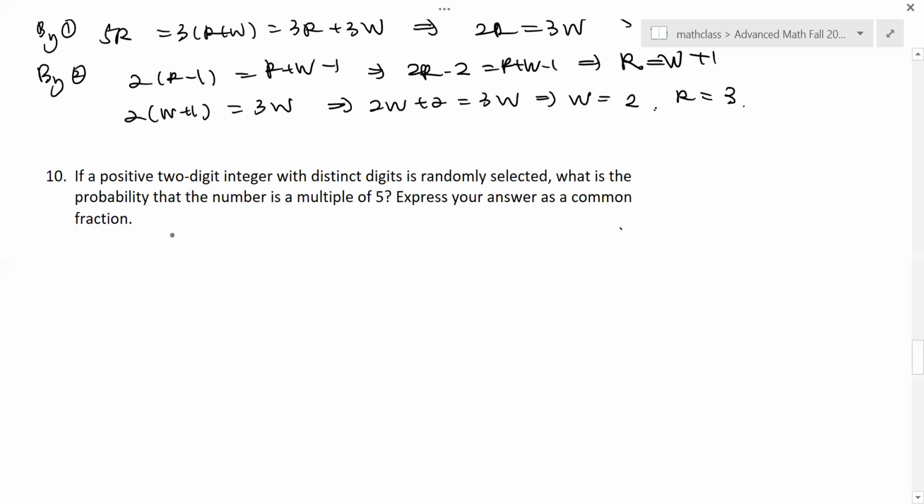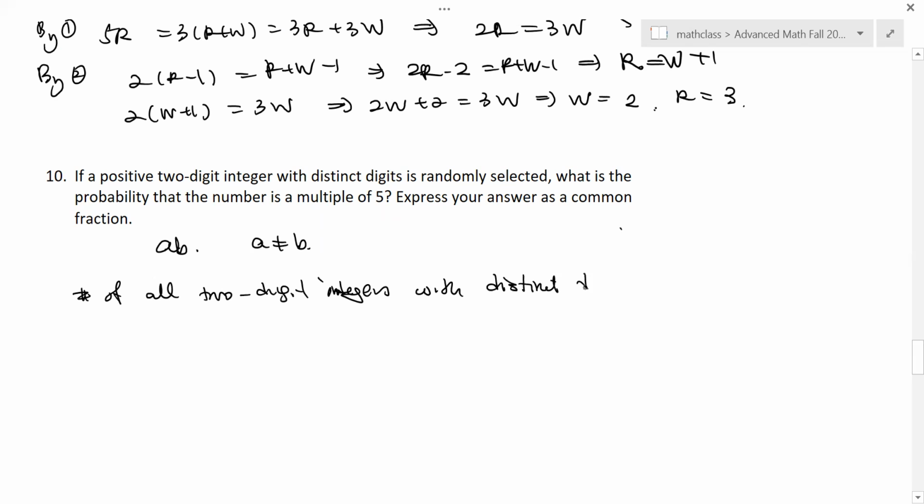All right, so you have a 2-digit number AB, where A is not equal to B. So let's count the number of all such 2-digit numbers, right? All 2-digit integers with distinct digits.